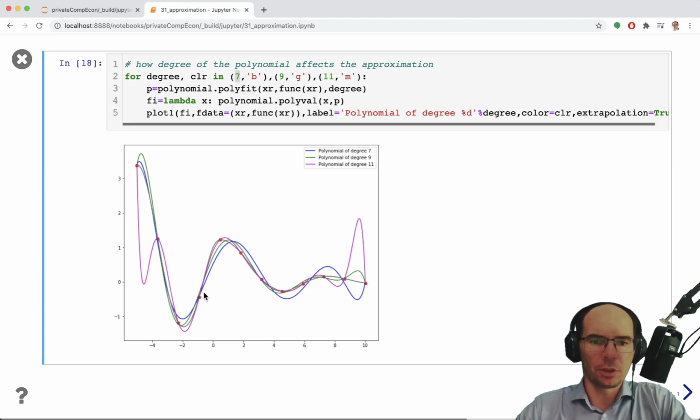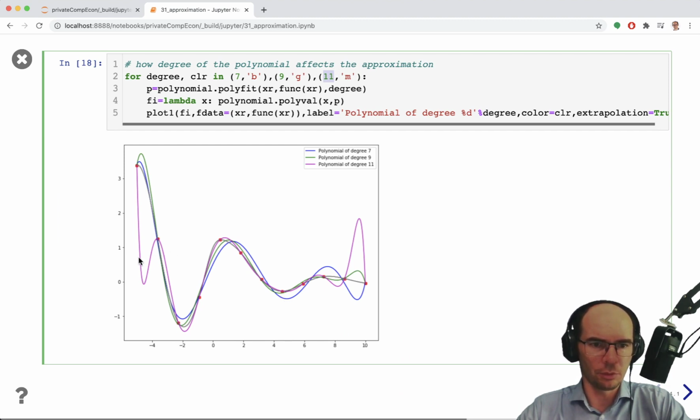The number of points is the same, but now you can see that, what is it though? 1, 2, 3, 4, 5, 6, 7, 8, 9, 10, 11. So there are 11 points, and the degree of the polynomial is going to be 11.